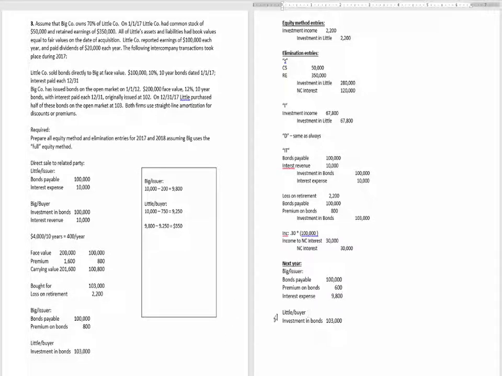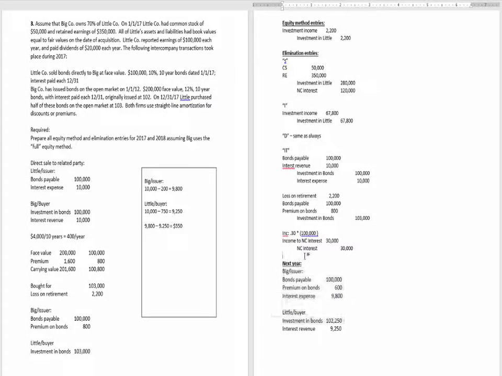By the same token, Little the buyer, their $3,000 premium on their investments is being amortized at the rate of $750 per year. So the investment in bonds is now down to $102,250, and they've got interest revenue. Again, coupon minus the amortization of that premium, $9,250.